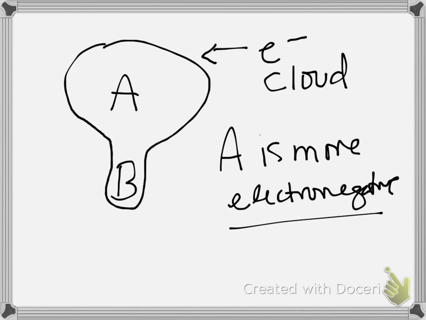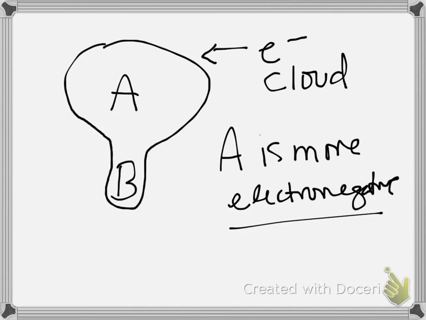If A is more electronegative, it's got a whole bunch more electrons around it. Overall, there's a region of partial charge. A has more of the electron cloud around it. So if there was a region of partial charge on this molecule, where's the negative part, A or B?